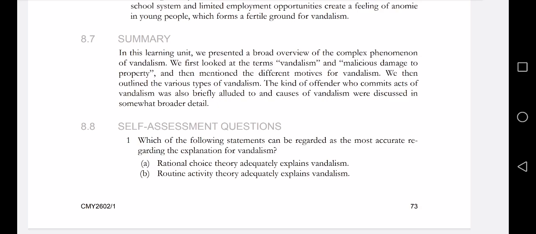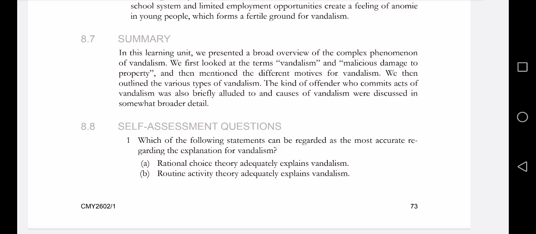We then outlined the various types of vandalism, the kind of offender who commits acts of vandalism was also briefly alluded to, and causes of vandalism were discussed in somewhat broader detail.